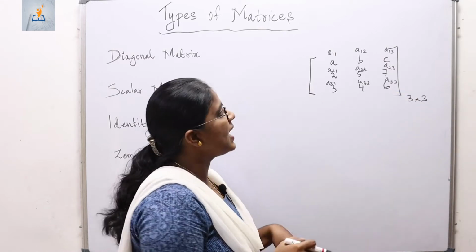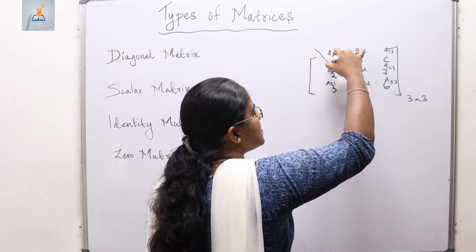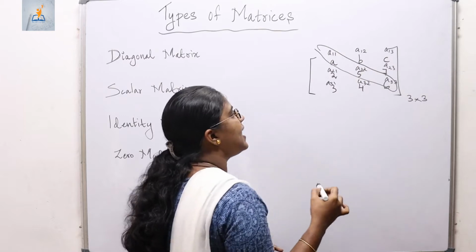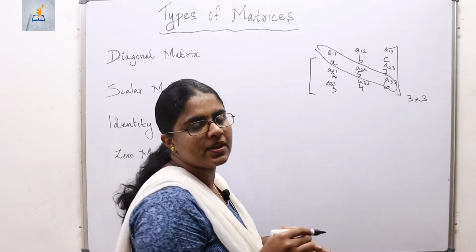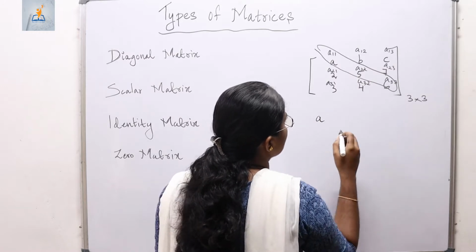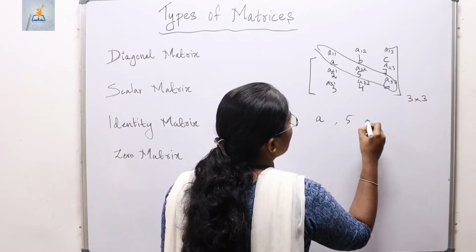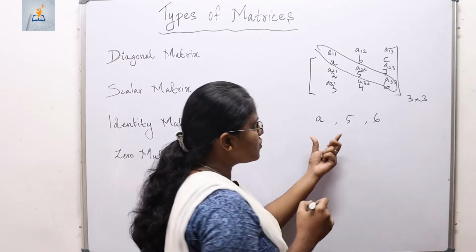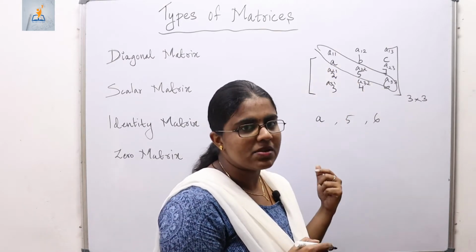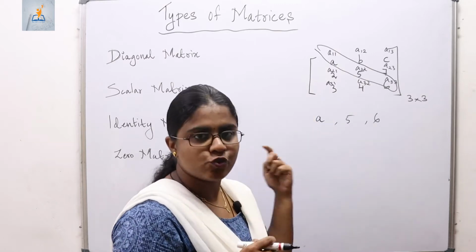So the elements which are like this are called the diagonal elements of a square matrix. Which are the diagonal elements here? The diagonal elements are A, 5 and 6. So look at this, A, 5 and 6 are the diagonal elements of this square matrix.